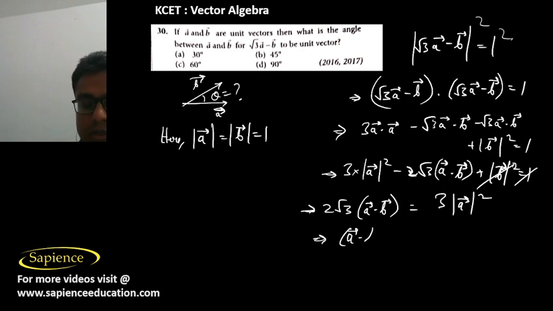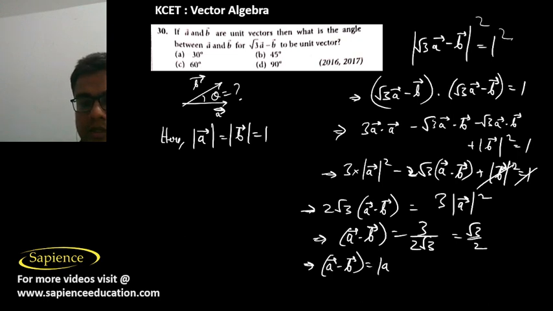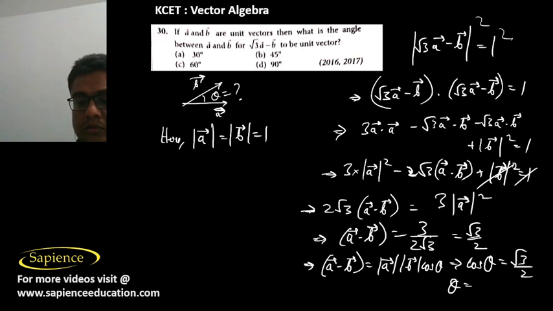A dot b, that is equal to 3 by 2 root 3 is equal to root 3 by 2. Therefore, a dot b, that is equal to magnitude of a into magnitude of b cos theta. Magnitude of a is 1, magnitude of b is also 1. So therefore, cos theta, that is equal to root 3 by 2. Theta is equal to pi by 6. A is the correct answer.